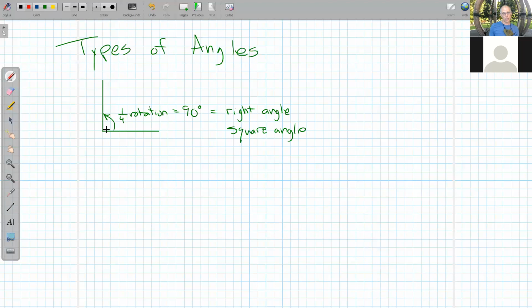But there are angles that are greater than 90 and less than 90. So if I had another angle, again, usually when we talk about angles, we have some kind of vertex. I have line segments here, but they could be rays or lines. So this angle right here is less than 90. So we would say this is an acute angle.